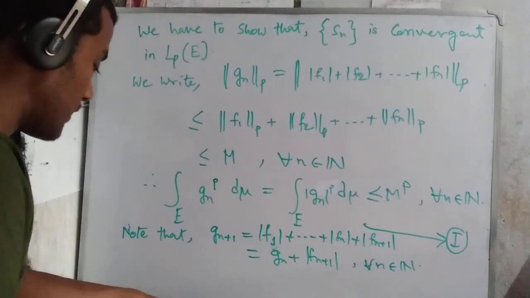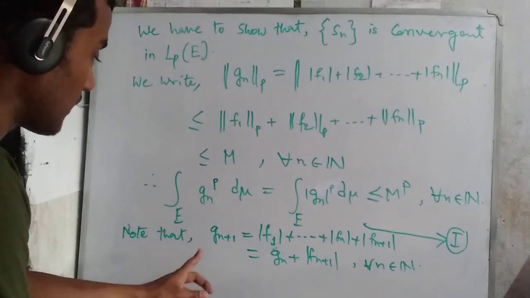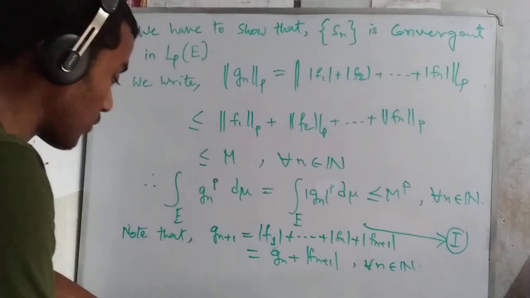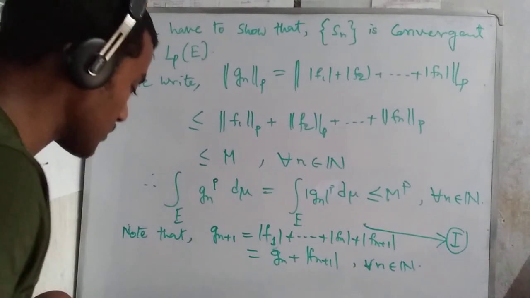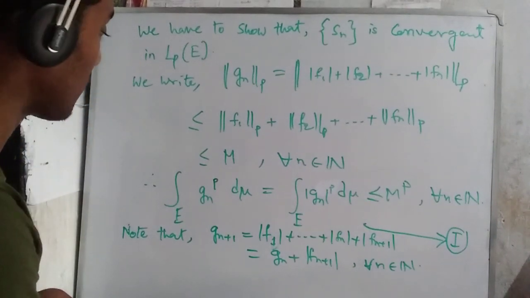That means Gn here represents some monotonically increasing sequence of non-negative extended real valued measurable function on E.